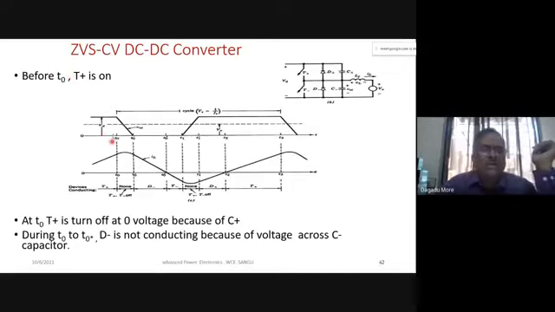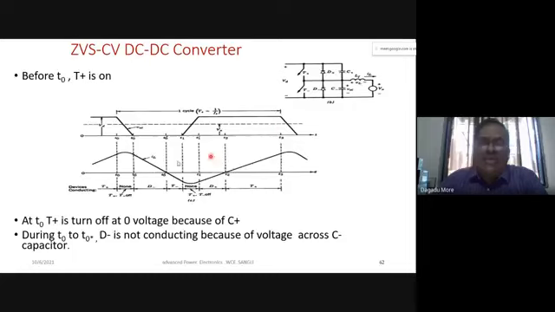Let us consider the first waveform. This waveform is the voltage across the capacitor C minus, that is VOI, the voltage across the C minus capacitor.